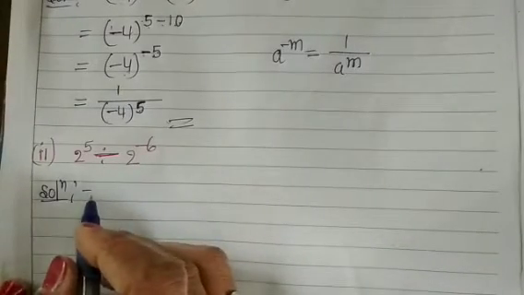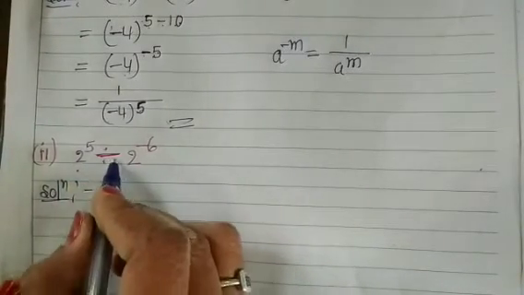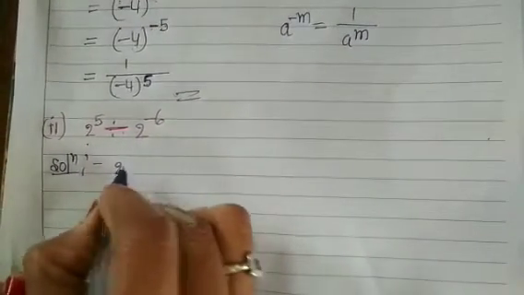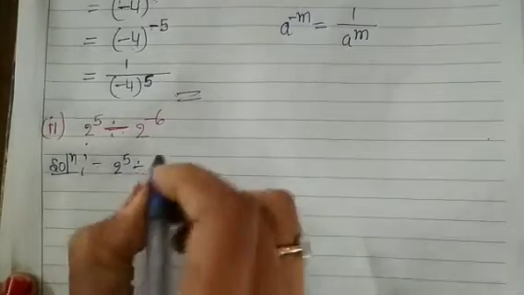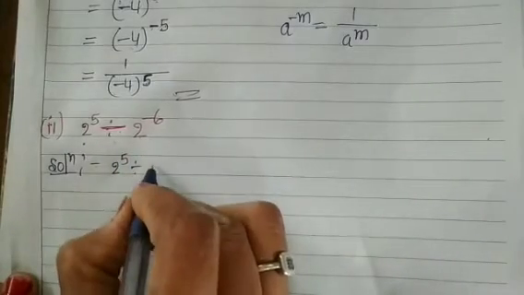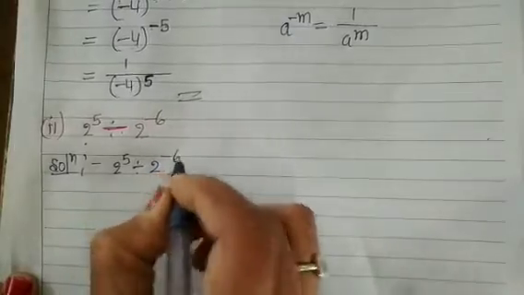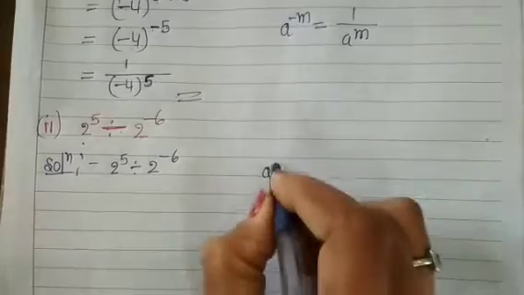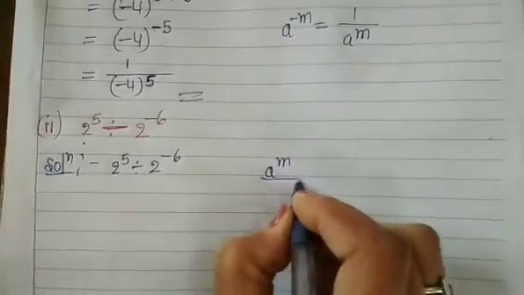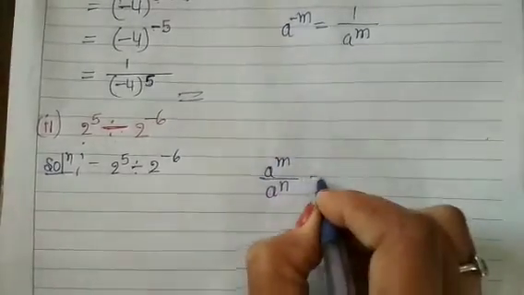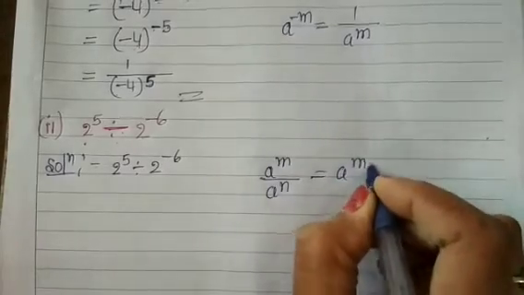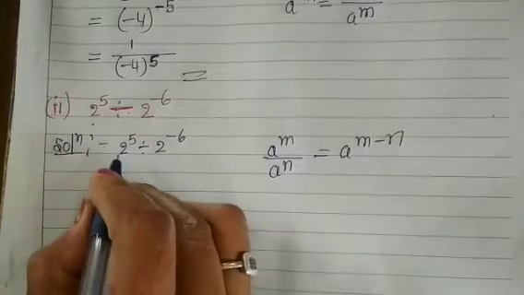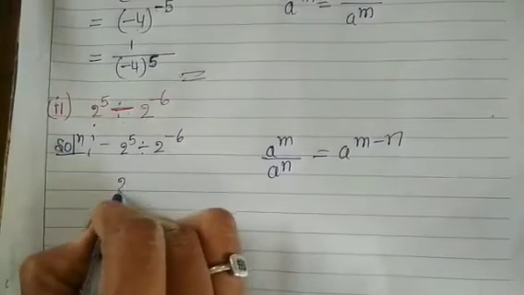The second problem is 2 to the power 5 divided by 2 to the power minus 6. Once again we will write 2 to the power 5 divided by 2 to the power minus 6. First we take the laws of exponents. A to the power m divided by a to the power n is equal to a to the power m minus n. So first we take 2 to the power 5.